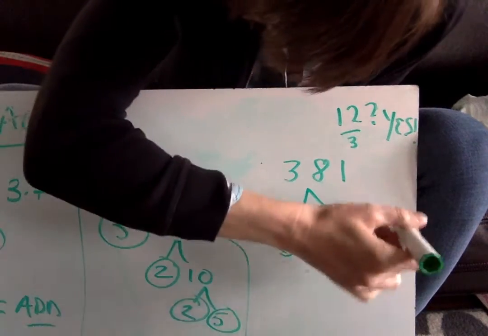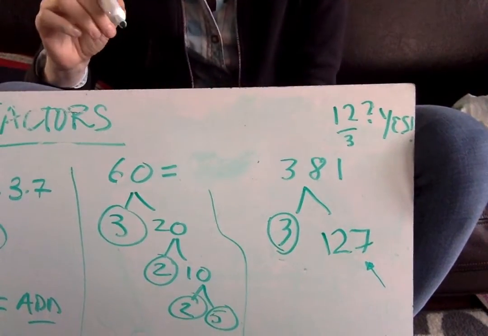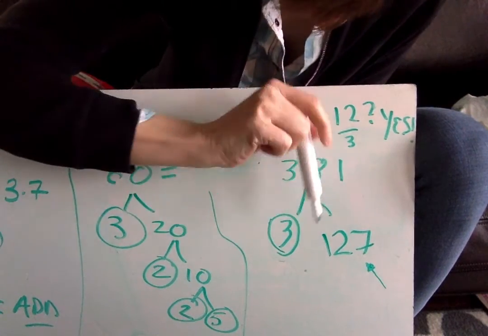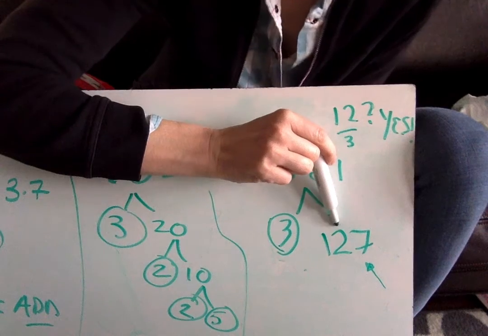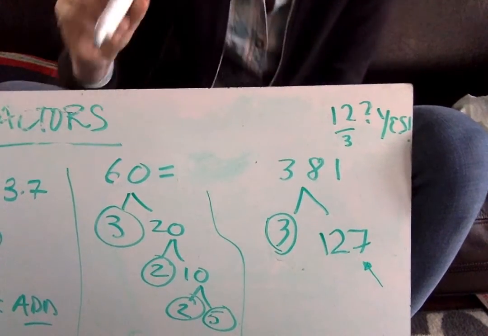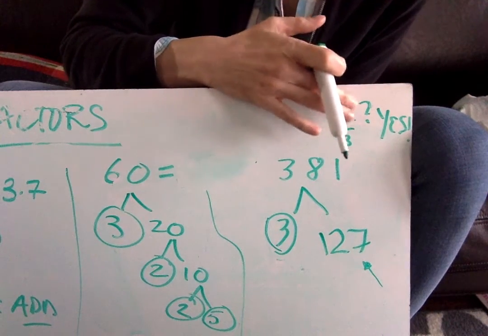Now, once again, this is an odd number. So, can this be divided by 3? Well, 1 plus 2 is 3. 3 plus 7 is 10. Is 10 divisible by 3?